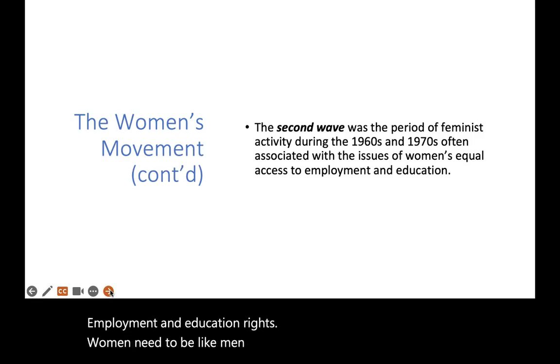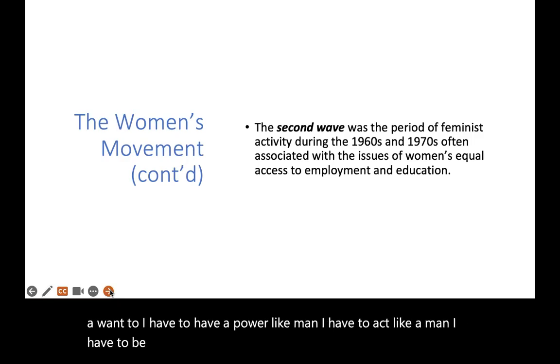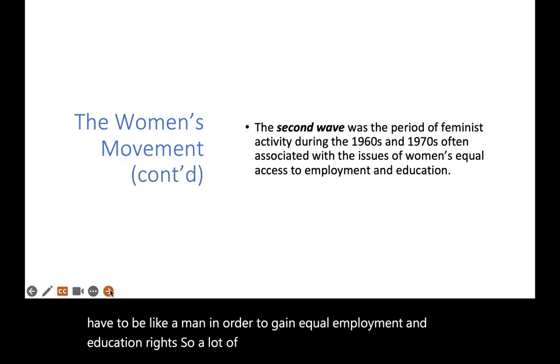And so in this movement, there was a want to say, I have to have power like a man. I have to act like a man. I have to be like a man in order to gain equal employment and education rights. So a lot of the stereotypes about what a feminist is come out of this second wave.